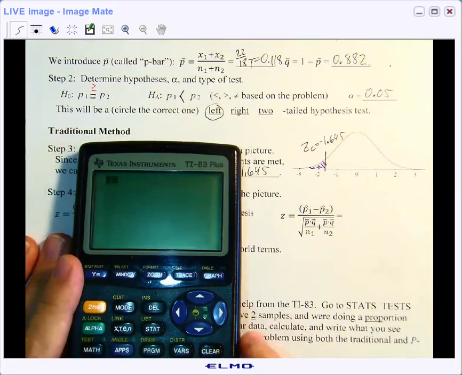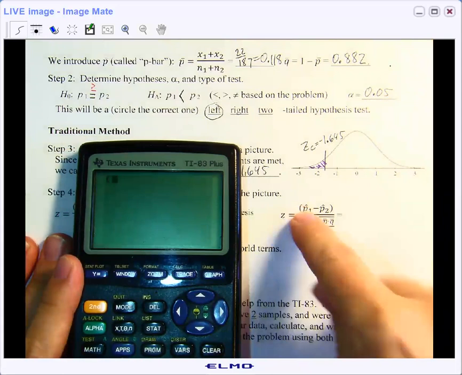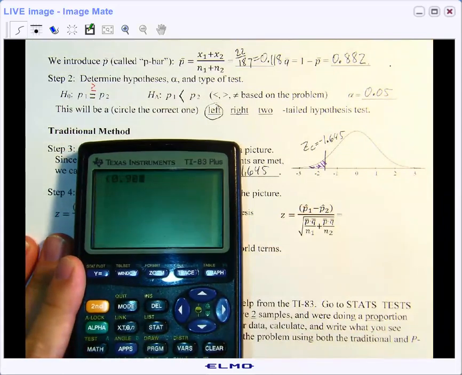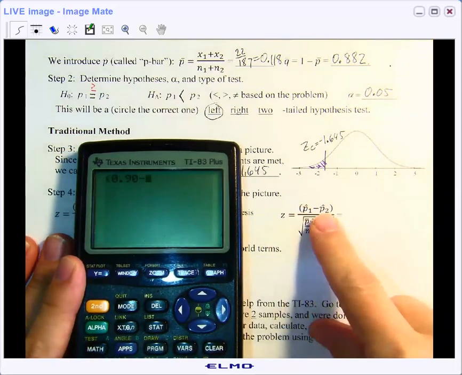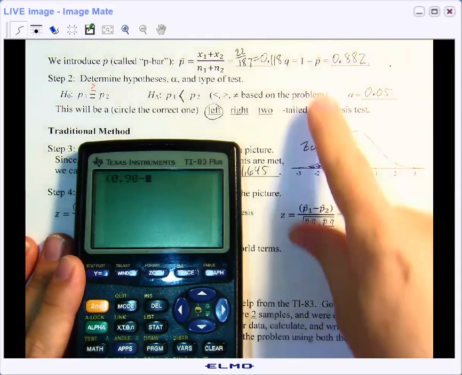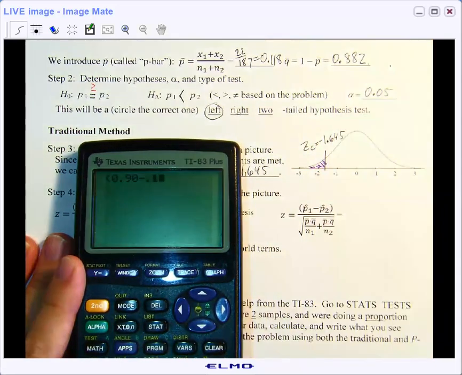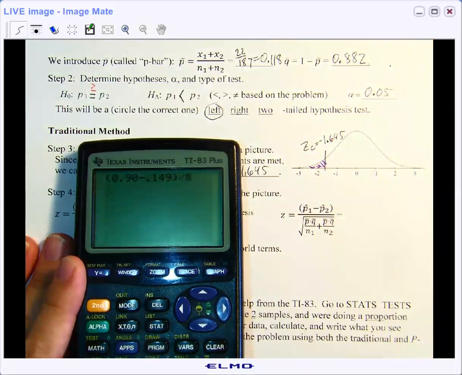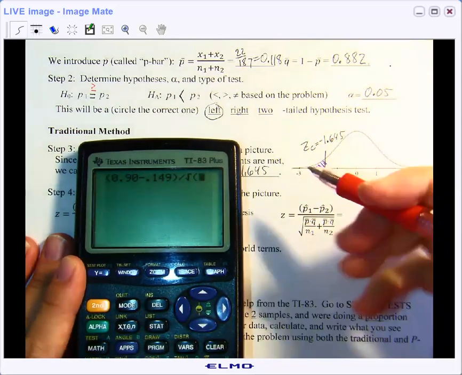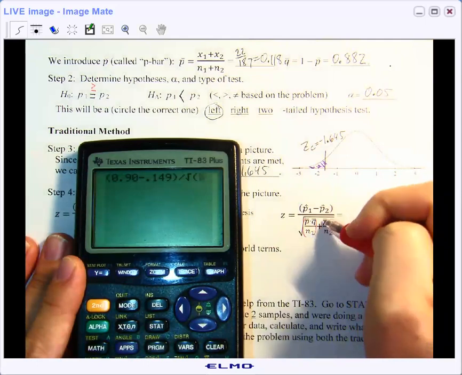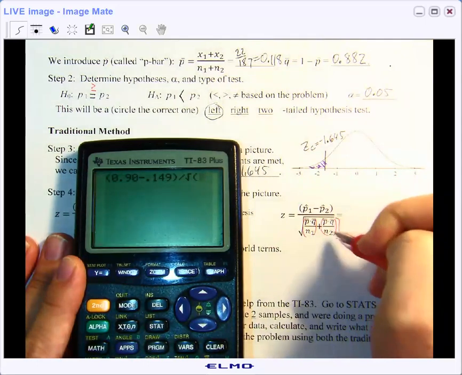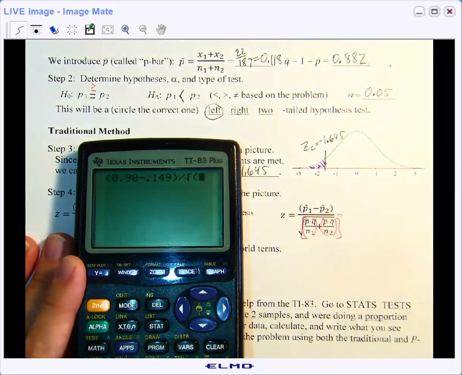And so we'll do some parentheses. P1 hat is 0.90 minus P2 hat, which is 0.149, divided by the square root of, okay, now I'm going to have an operation here, so I'm going to put these in parentheses, these in parentheses, and then some big parentheses for the square root.